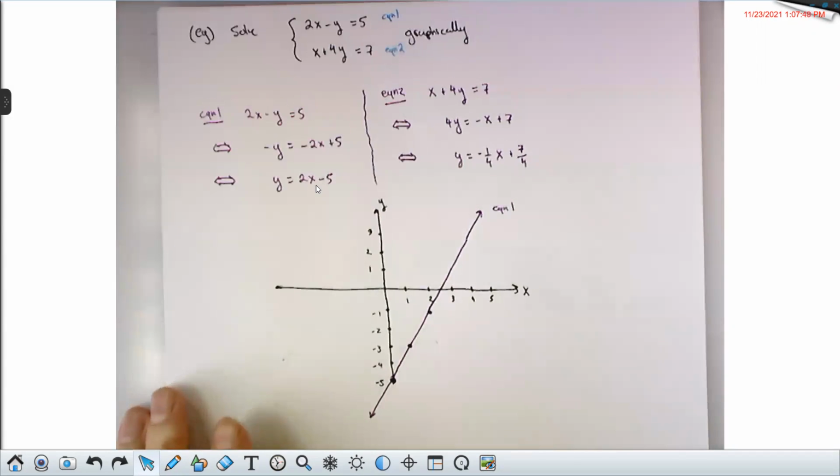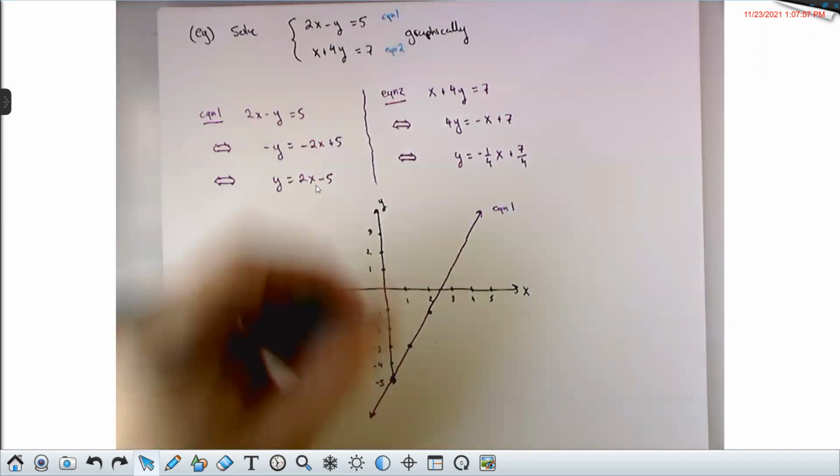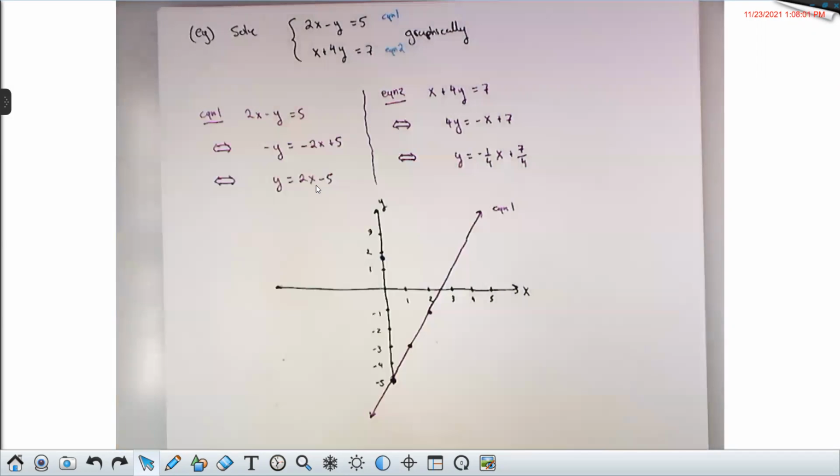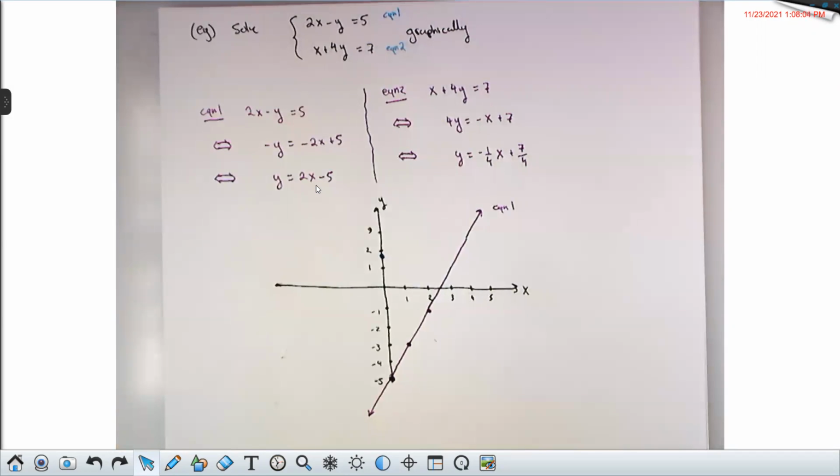The other line is y equals negative 1/4 x plus 7/4. Remember, 7/4 we said is 1 3/4 or 1.75. So that y-intercept should be right about here. And a slope of negative 1/4 means if I go over 4, I will go down 1.